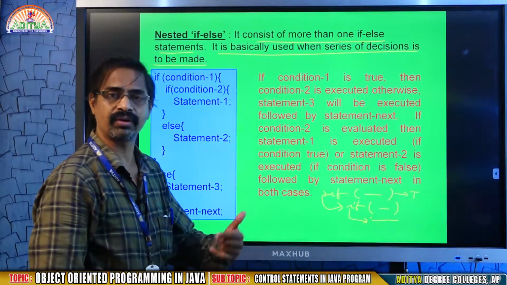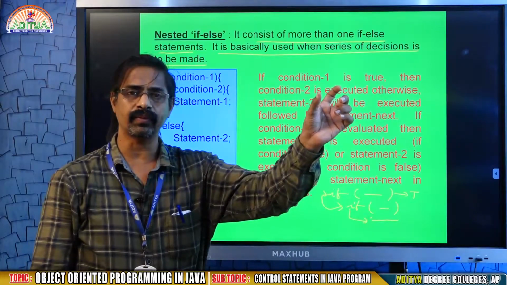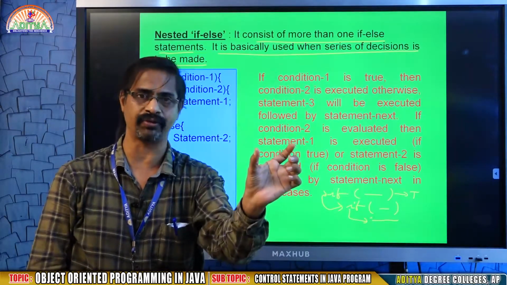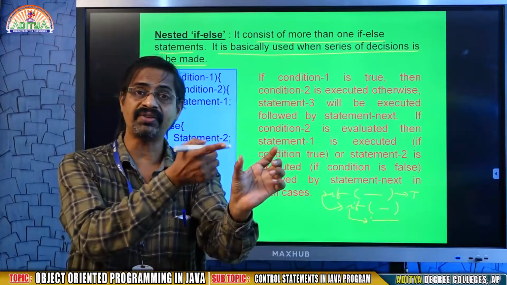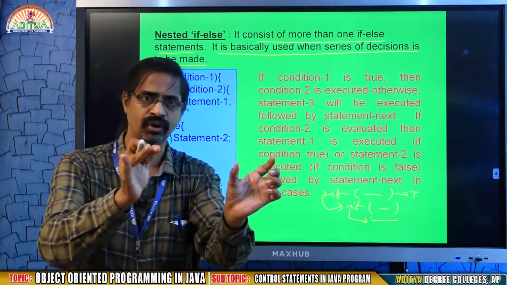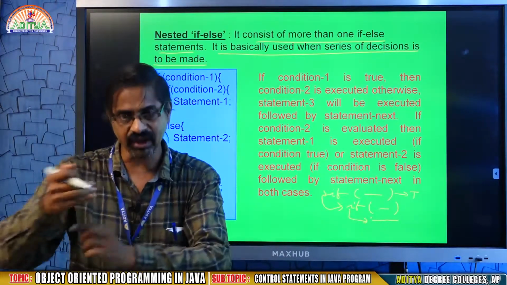When we are going to take a series of decisions, for example, if gender is male, okay, then another if: if age is 50 to 60, okay, then come down. If his working department is sales, then come down.